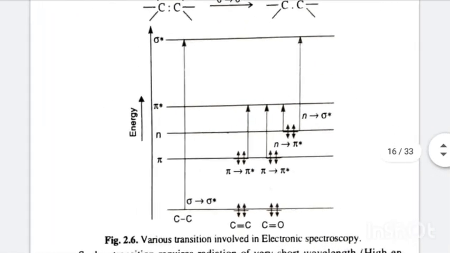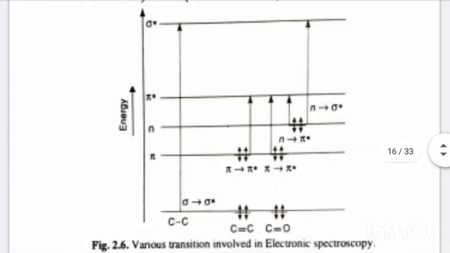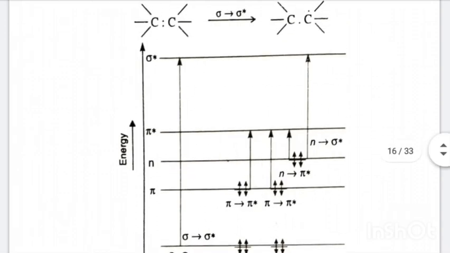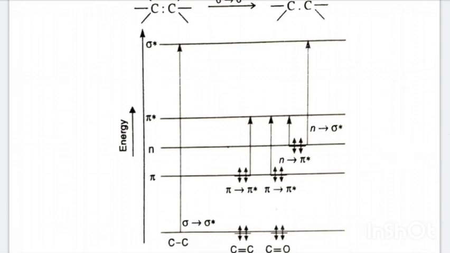The first type of transition is having more energy. It is nothing but sigma to sigma star transition, which happens in normal alkanes, which are carbon-carbon single bonded compounds. And the second case is n to sigma star.